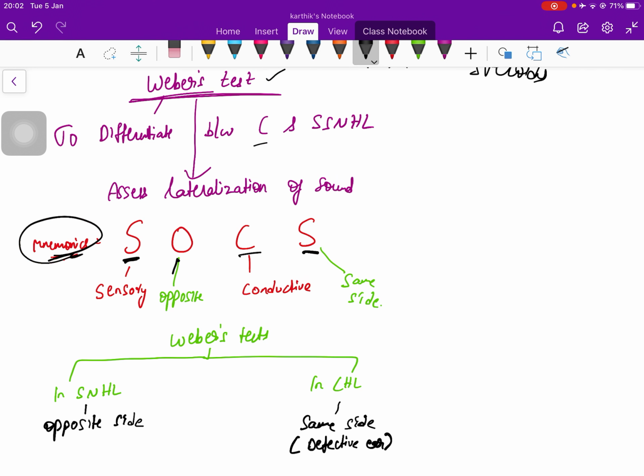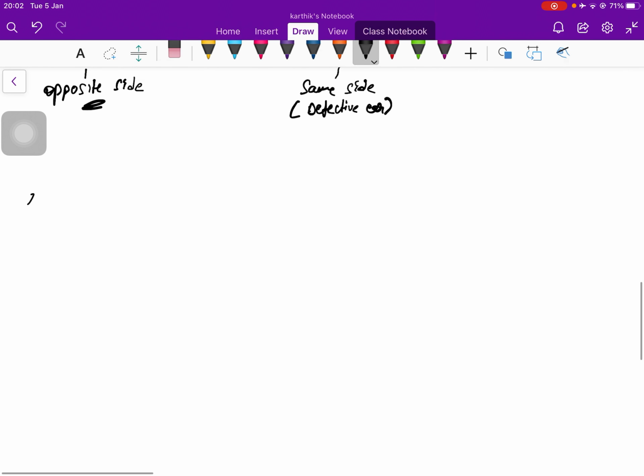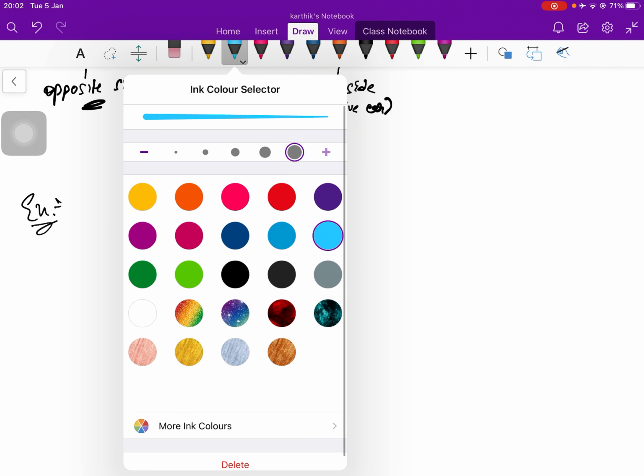To interpret Weber's test, the mnemonic is SOCS: sensory opposite, conductive same side. If the patient has sensory neural hearing loss, sound will be lateralized to the opposite side. If the patient has conductive hearing loss, sound will be heard better on the same side. Now let's see some examples so that you will remember forever.